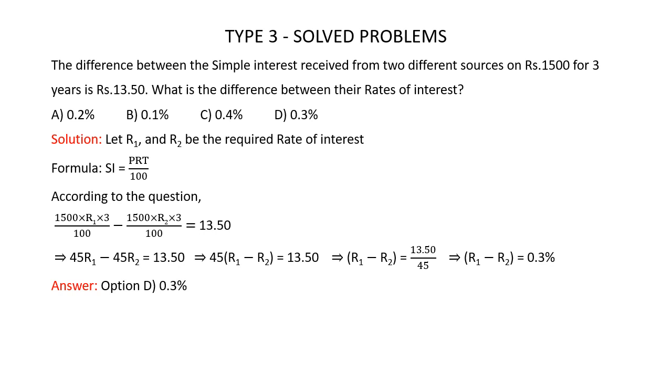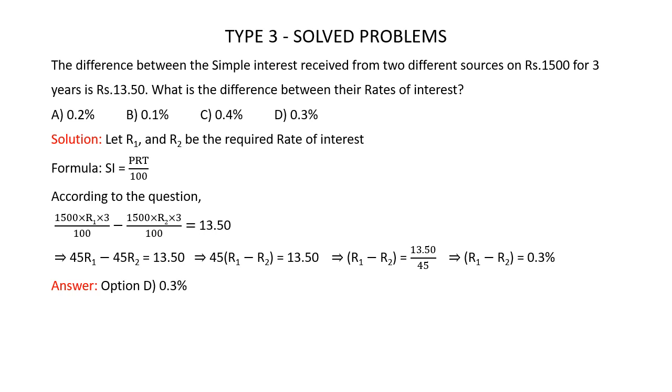Now it's given that the difference between the simple interest received from the two different sources is rupees 13.50. This means the simple interest received from the first source minus the simple interest received from the second source is equal to rupees 13.50. Now we know that simple interest is equal to PRT divided by 100.